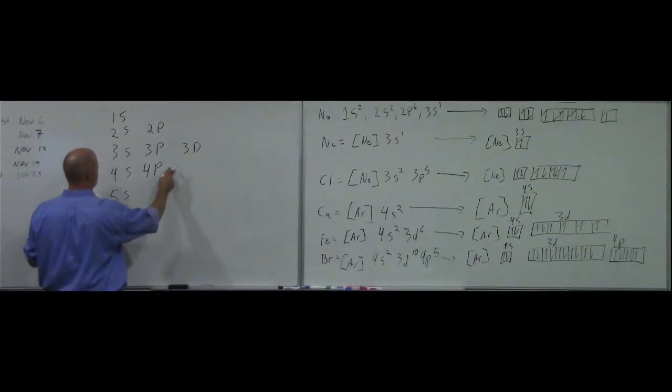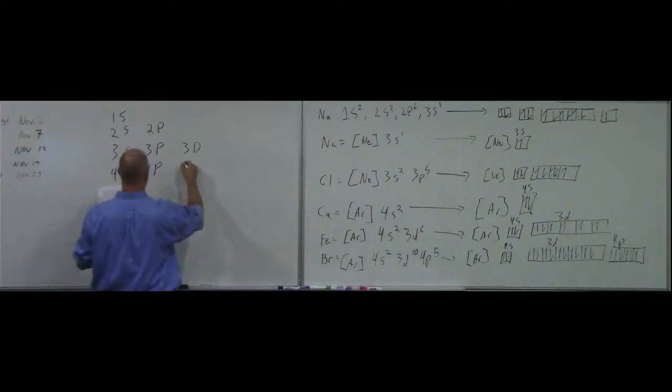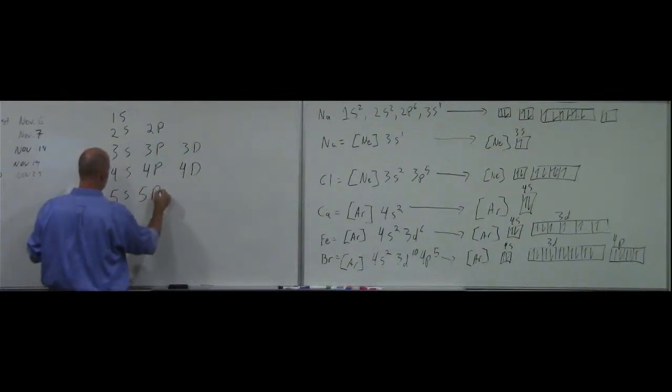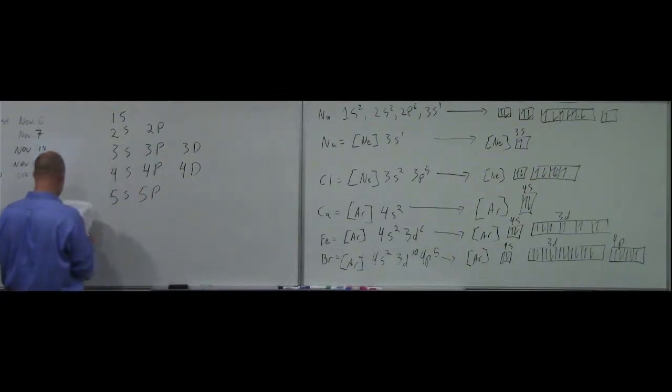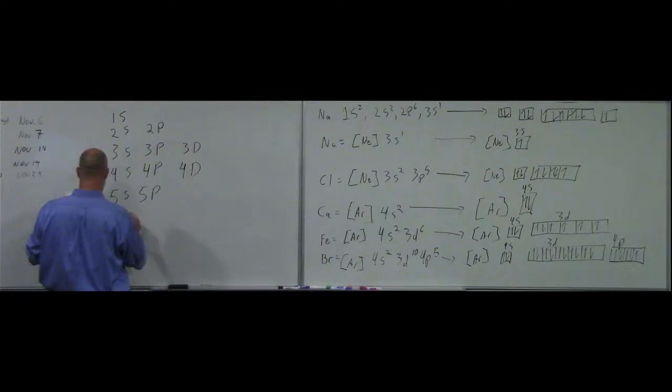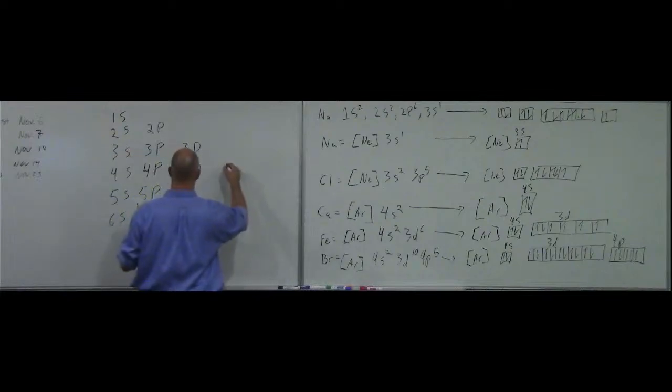And the next one? 4d. Do we not have d yet? We don't have d yet. 4d is going to go here. Okay, and the next one? 5p. Okay, and the next one? 6s. And the next one? 4f, we're right about that.